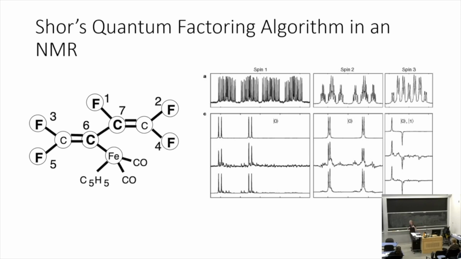And that allows them to determine that the periodicity in the amplitude is 4, which allows them to get the greatest common denominators for 11, for the A equals 11 case, and find that the prime factors are 3 and 5 for n equals 15 and A equals 11. It's a pretty cool experiment.